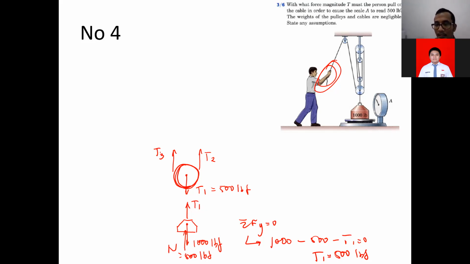Okay, and then there will be a bar there, right? Some kind of connection bar. For that particular bar, what force will be given to the pulley? I think upward.